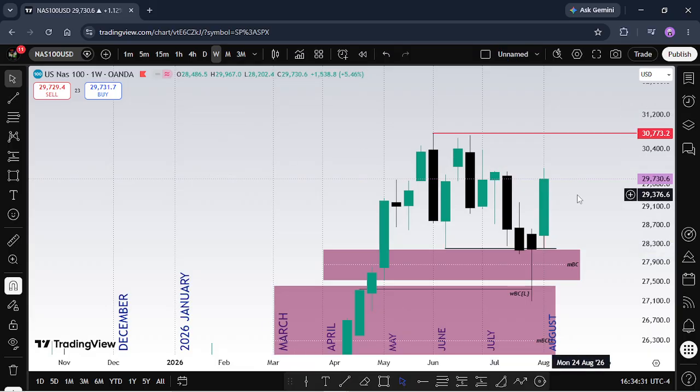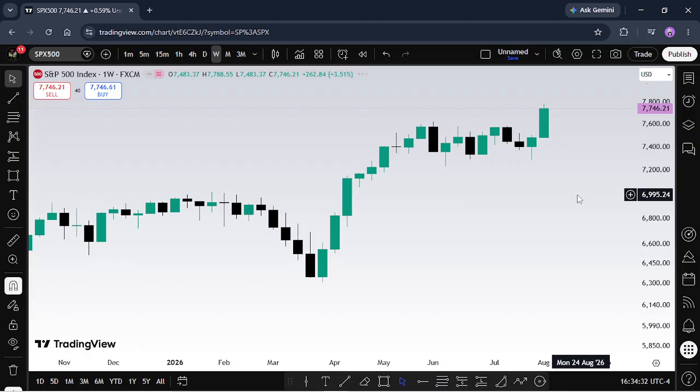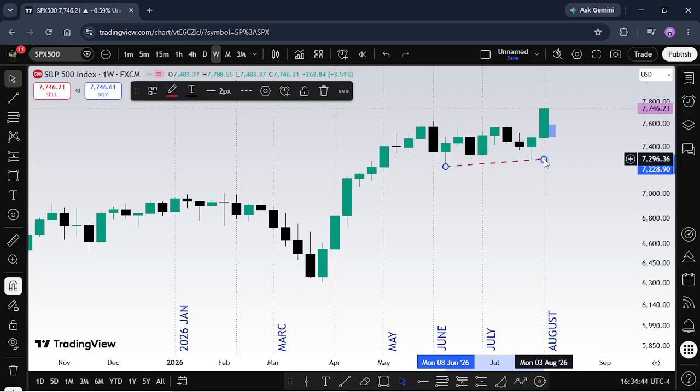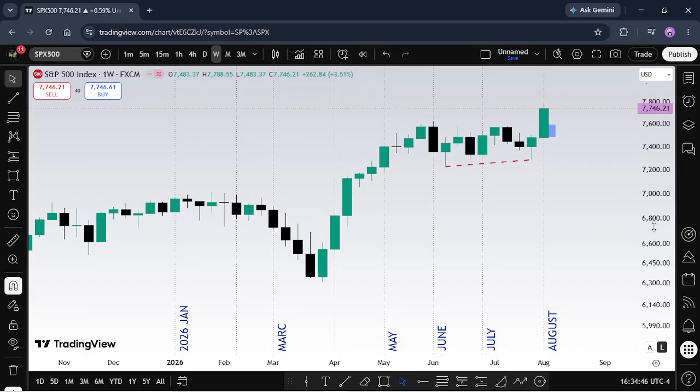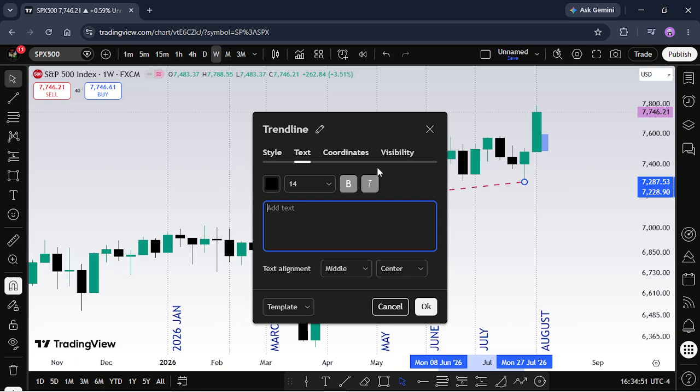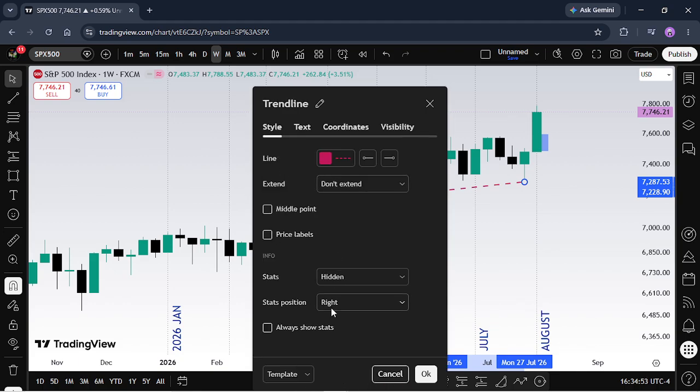So let's see here. Hmm. Here's June. Here's June. Price did not take June liquidity. So this is a bullish SMT.